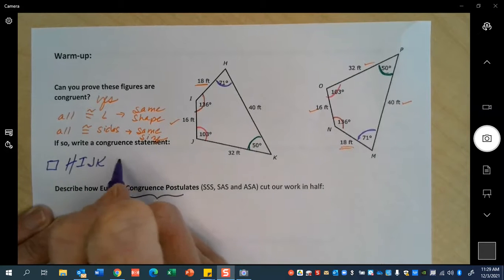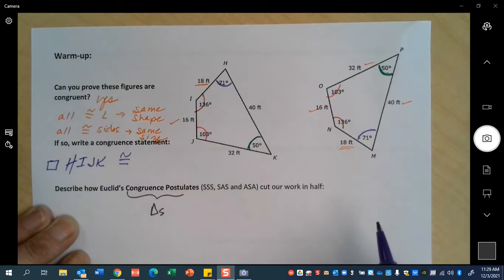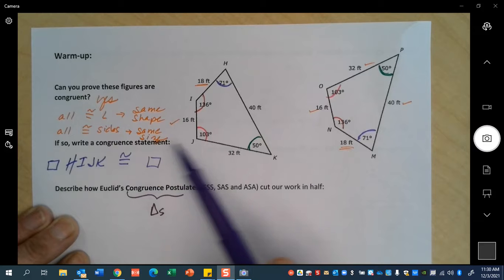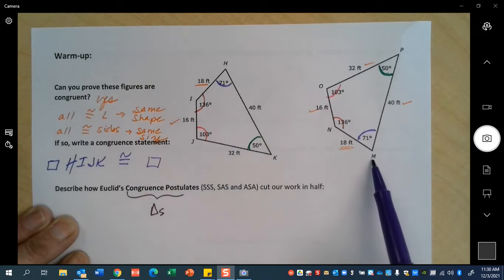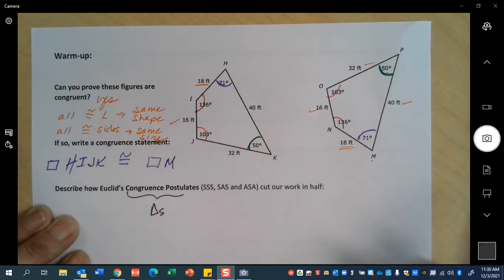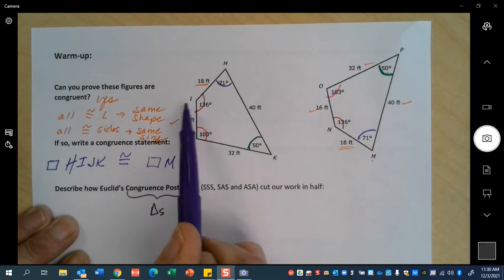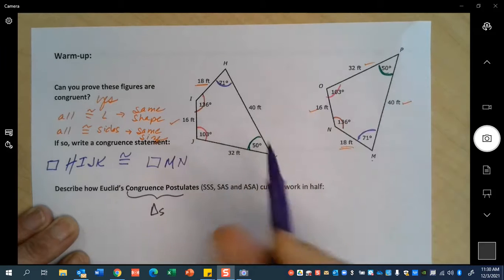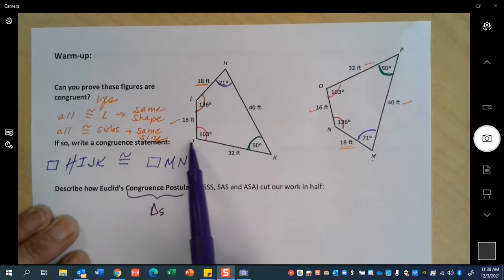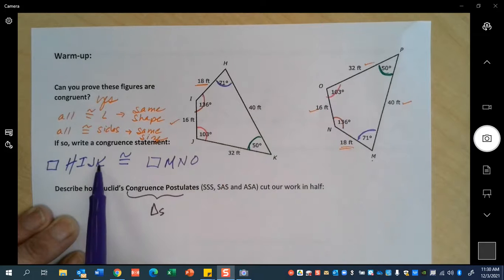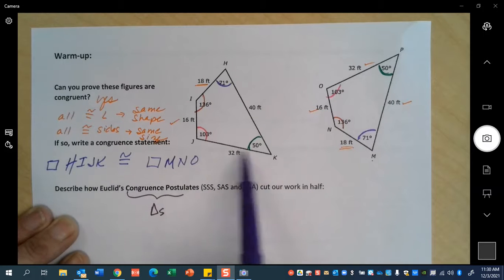H-I-J-K is guaranteed to be congruent to P-O-N-M. H corresponds to M. I corresponds to N. J corresponds to O. And K corresponds to P.